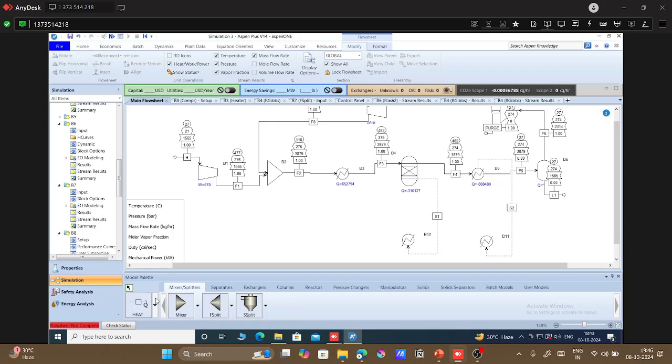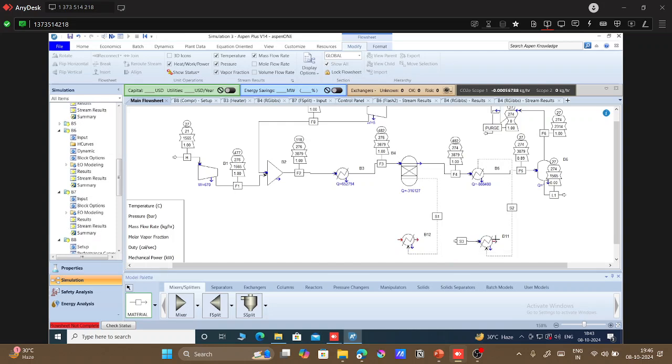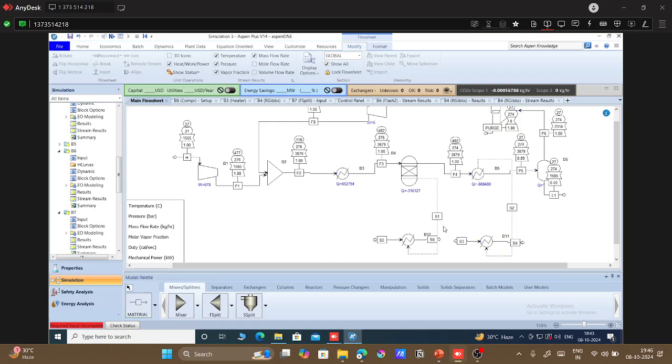Okay, let's connect the material lines. So we have feed 1. This will become our water inlet 1, water inlet 2, and then steam 1.